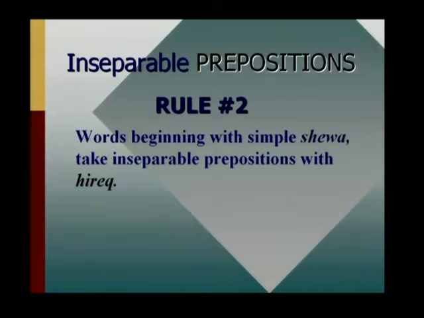Two schwas can occur back to back at the end of a word, but not at the beginning. So something has to change. And in this case, if we have meragel, which is the word for a spy, it becomes limragel. The schwa becomes silent. Limragel. For a spy, to a spy. With a spy, bimragel.